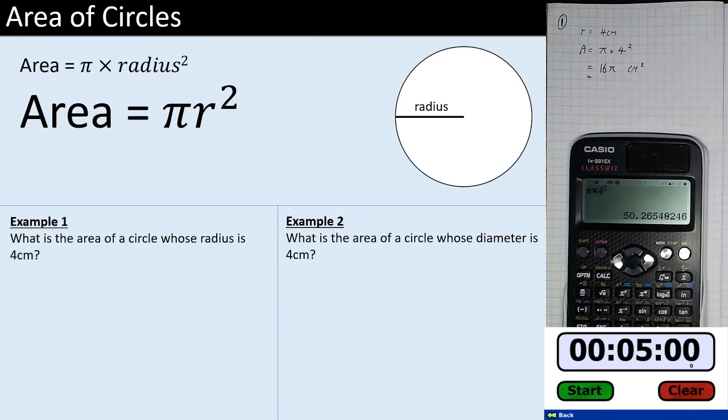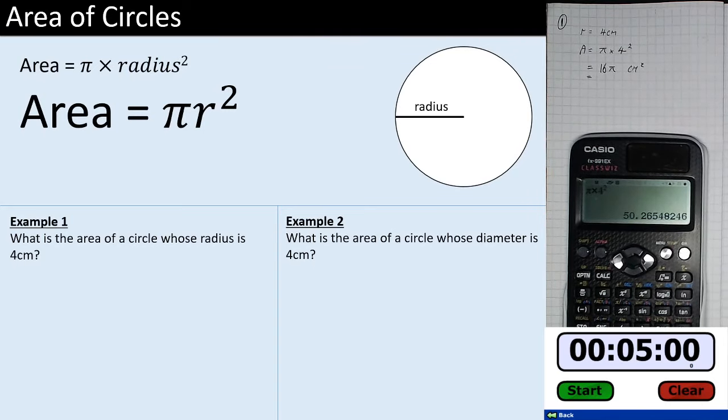So in this case, it says 50.265, so let's say 50.27 to 2 decimal places. Okay, and I've just written 2dp in brackets there to say that I've rounded my answer to 2 decimal places. Okay, remember that we're finding an area, so our units are measured in centimeters squared, or whatever our unit is squared. Okay, so that's our first example.